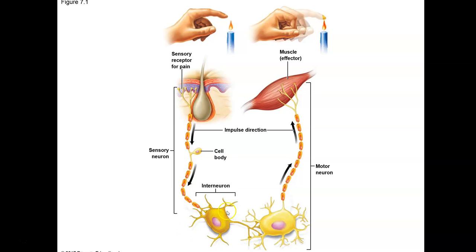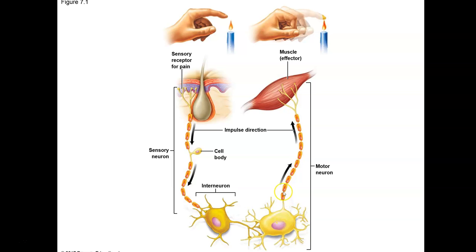So interneuron decides that the flame is too hot, the person will burn the finger. So the person should remove the finger away from the flame. So interneuron analyzes and decides what to do.